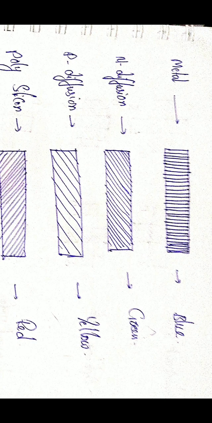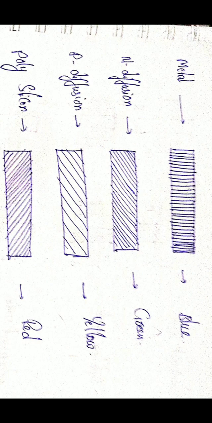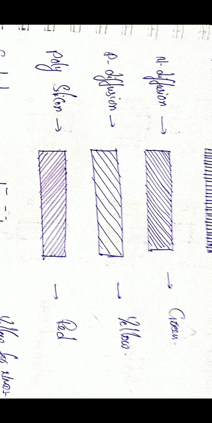For N diffusion, we draw one box and draw cross lines from top to bottom. For N diffusion we use the color green, and P diffusion is also the same as N diffusion, but the lines are spaced apart. In N diffusion we draw the lines very close together, and in P diffusion we give some space between line to line.